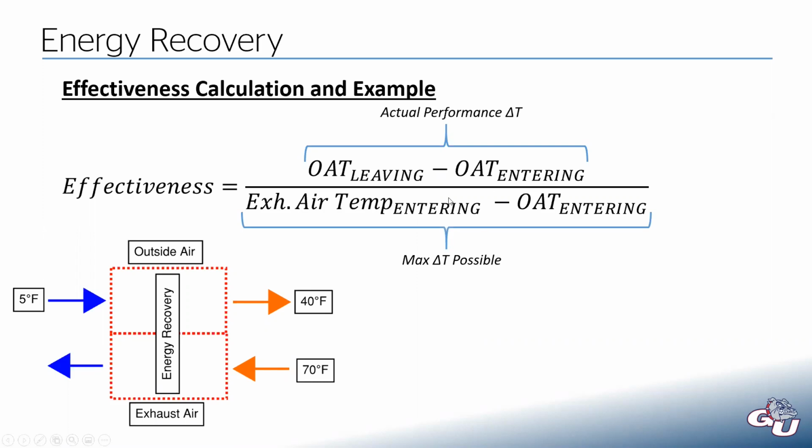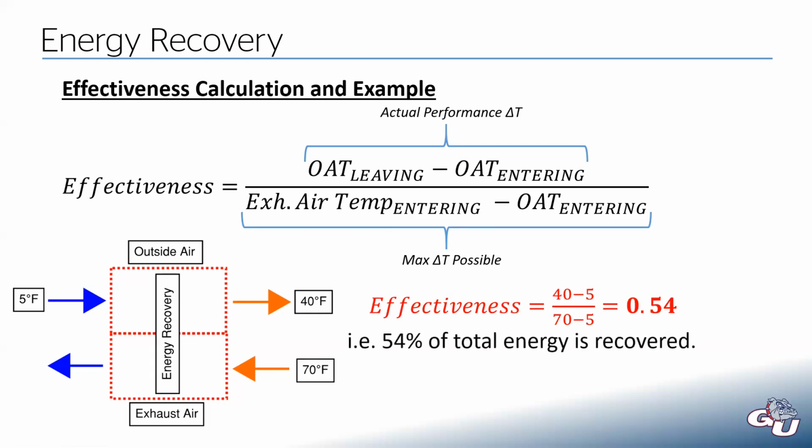Because if this exhaust air temperature entering the device, that's as good as we could get in an ideal scenario. So this bottom term, that's the maximum delta T we could see. And so if we calculate that in this example, 40 minus 5 divided by 70 minus 5, we have an effectiveness of 0.54, i.e. we recovered 54%.